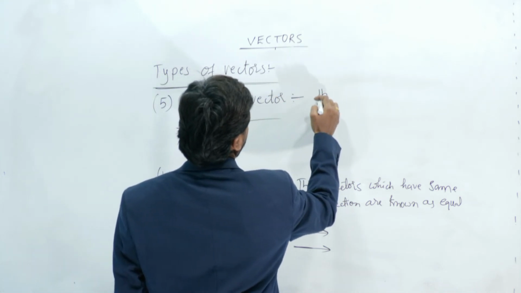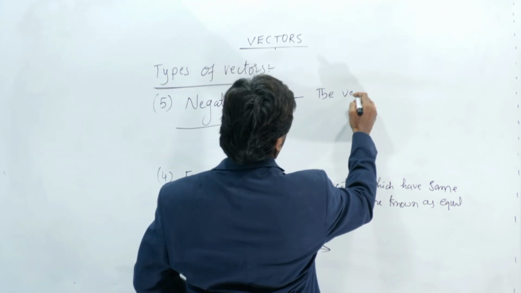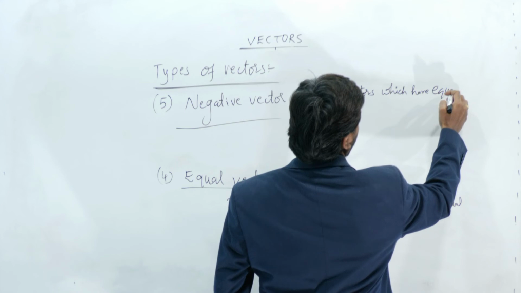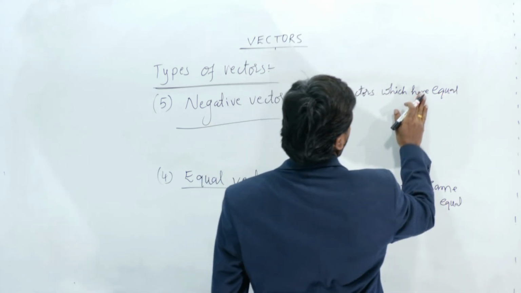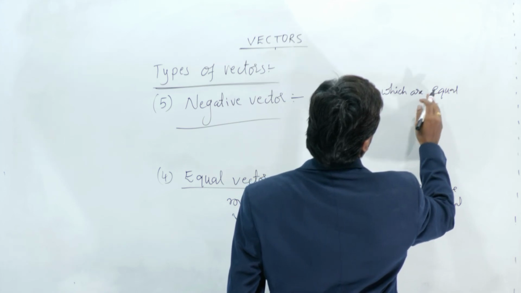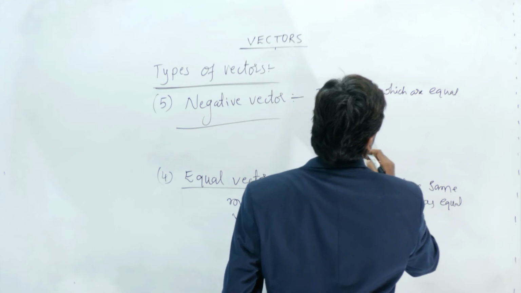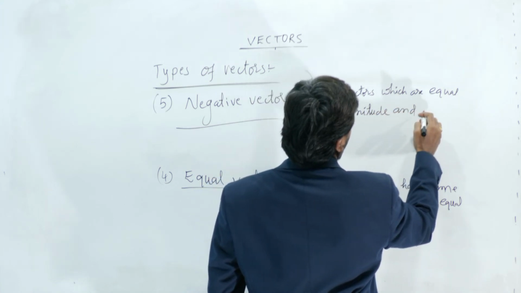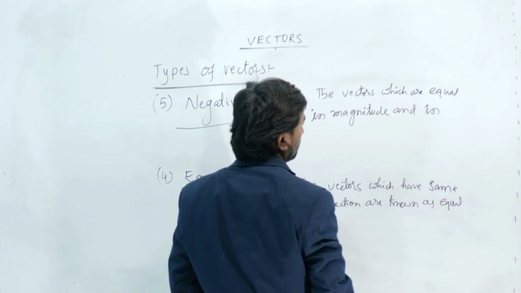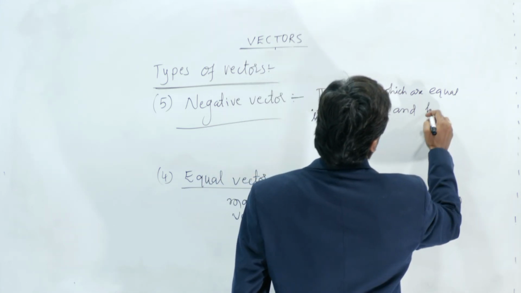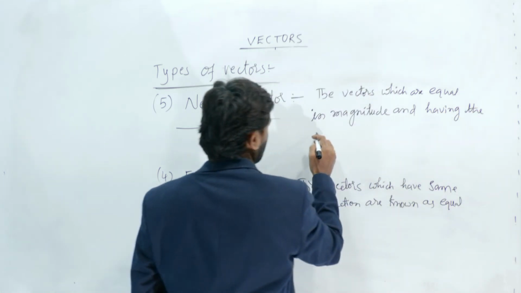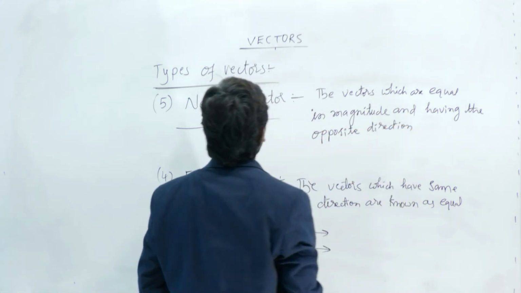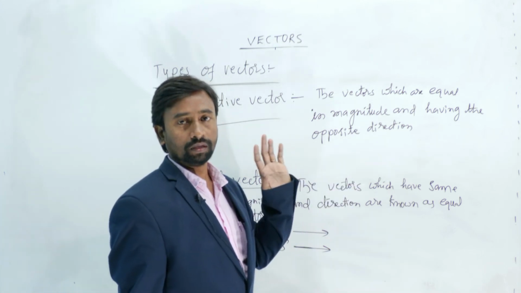The vectors which are equal in magnitude and in opposite direction are said to be negative vectors. Okay, so they will have equal magnitude and they will be in opposite directions.